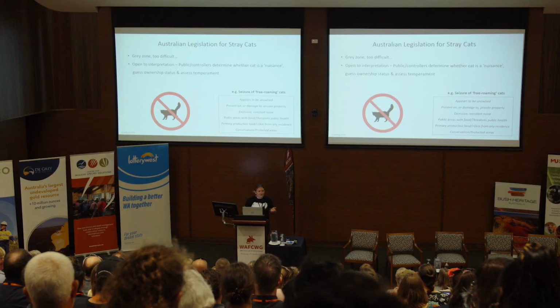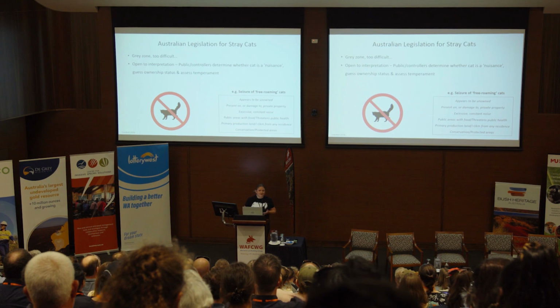In a lot of instances, it's left up to the public or registered controllers to actually catch stray cats, but that means that the impetus is then on them to determine whether a cat is a nuisance, to guess its ownership status, and to then assess its temperament, which obviously varies hugely with the skill and expertise of the public or the controller involved, but it also is complicated by the fact that all cats have a tendency to be defensive when they're caught in a trap.